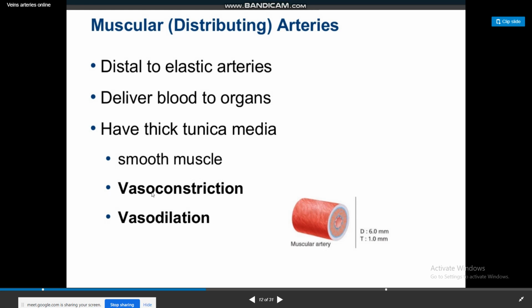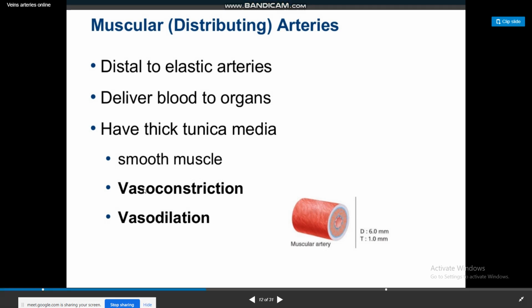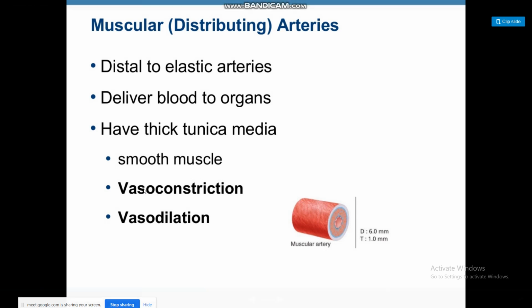Vasoconstriction means constriction of the blood vessels. Vasodilation means swelling of the blood vessels, or an increase in their volume. To increase the volume of blood, the arteries need to be vasodilated. In a body part, organ or muscle that needs less blood, vasoconstriction will occur.